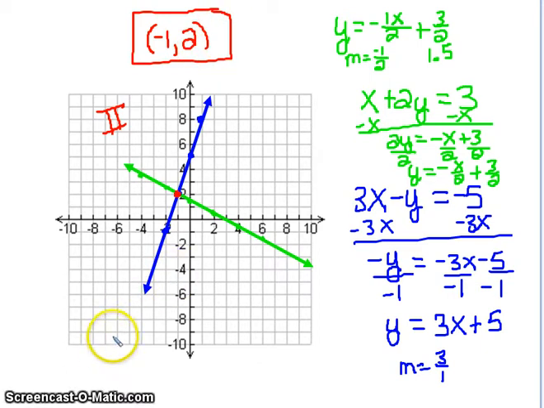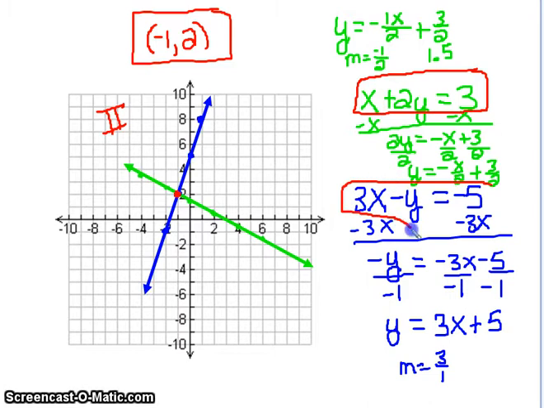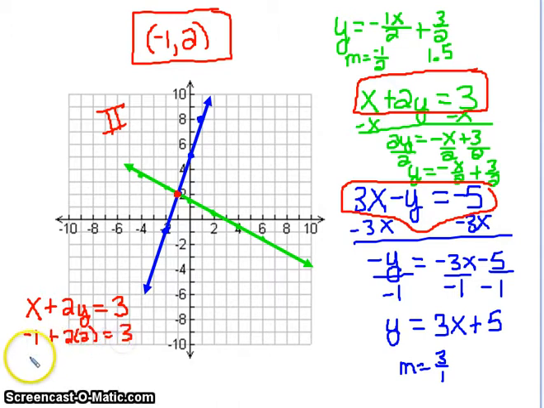And I'm going to be a nerd because you all know that I am a math nerd. And I'm going to check my answer using my two original equations. Right here are my two original equations. If I have x plus 2y equals 3, and I plug in my x of negative 1 and my y of 2, then I get negative 1 plus 2 times 2 equals 3, and negative 1 plus 4 does equal 3.